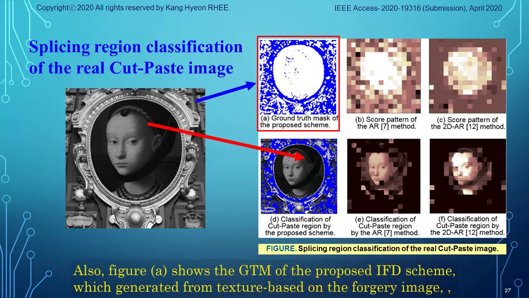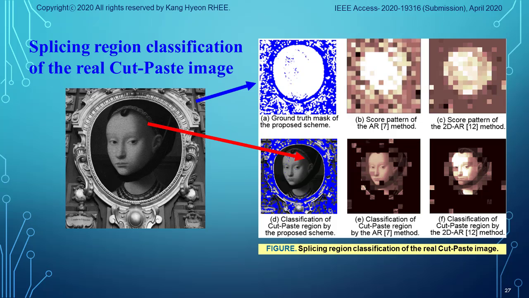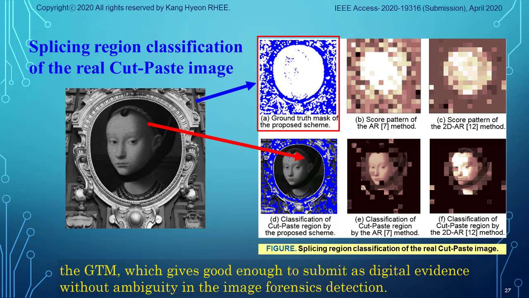Also, Figure A shows the GTM of the proposed image forensics detection scheme, which is generated from texture based on the forgery image, thus has the unit value for the predicted region of cut blue color or paste white color, one of the two. Also, Figures B and C show the score patterns, which have the grading rules for each block to examine. The proposed scheme's GTM is good enough to submit as digital evidence without ambiguity in the image forensics detection.